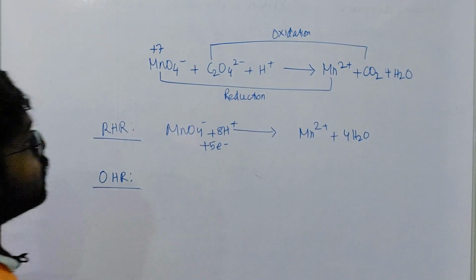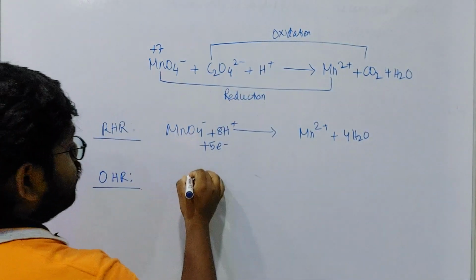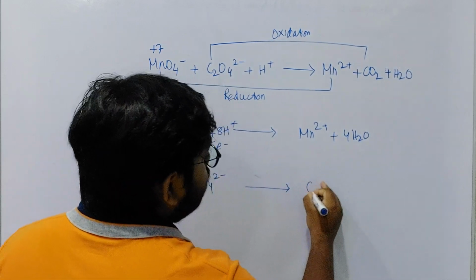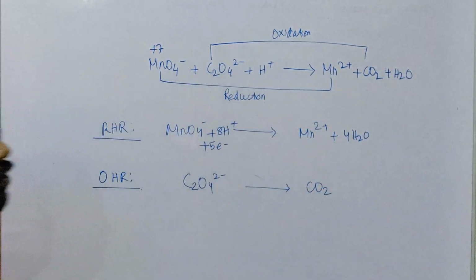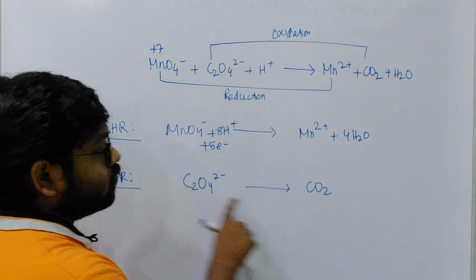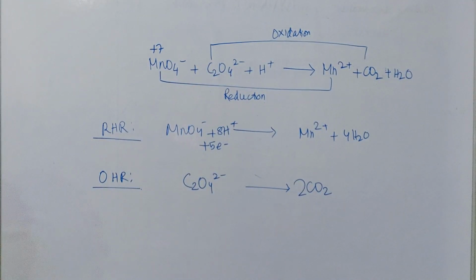So this one we will balance: C2O4 2 minus into carbon dioxide. This oxidation reaction we will have to balance. First of all, number of carbon, here it is 2, here it is 1. So just add a 2. Then we will proceed.